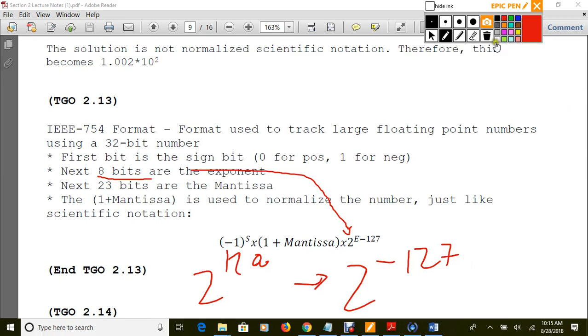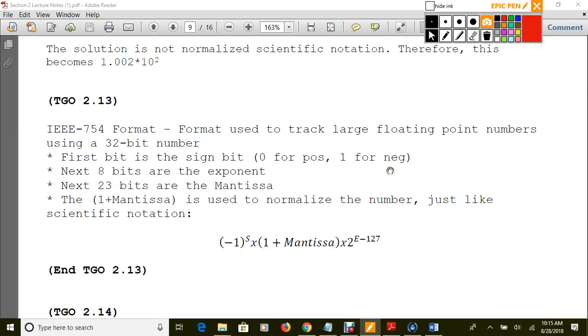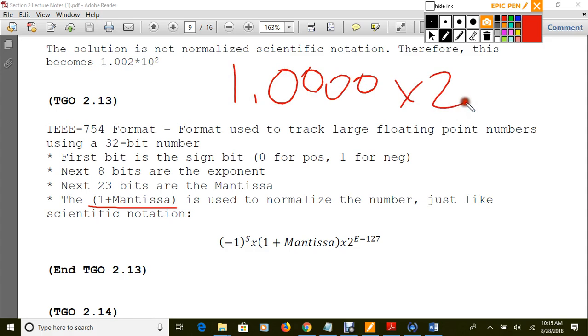And so we use the first bit like before, 0 and 1 for positive and negative. And then I have this 1 plus mantissa here. The mantissa is the remaining 23 bits, right? And it's everything after the decimal point. So let's say we wanted this value right here: 1.000 times 2 to the negative 5.